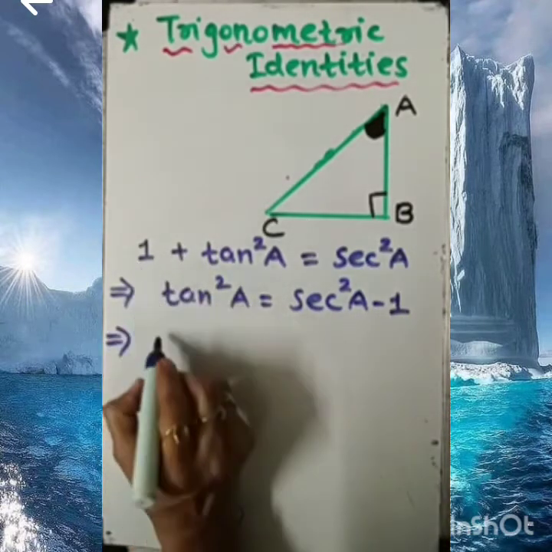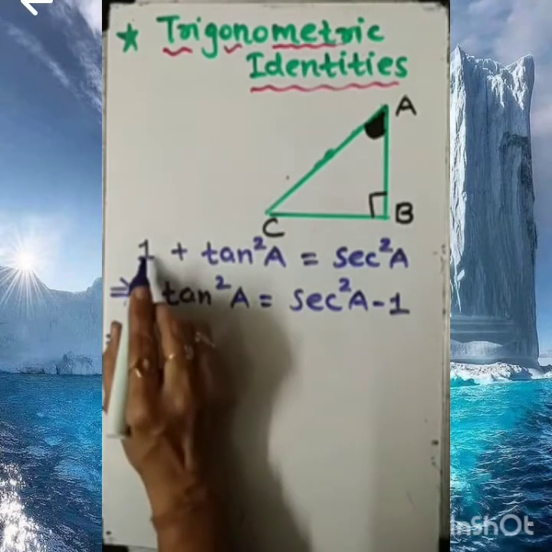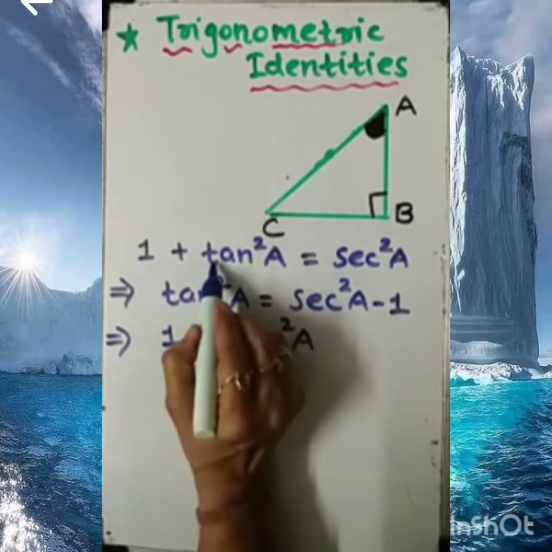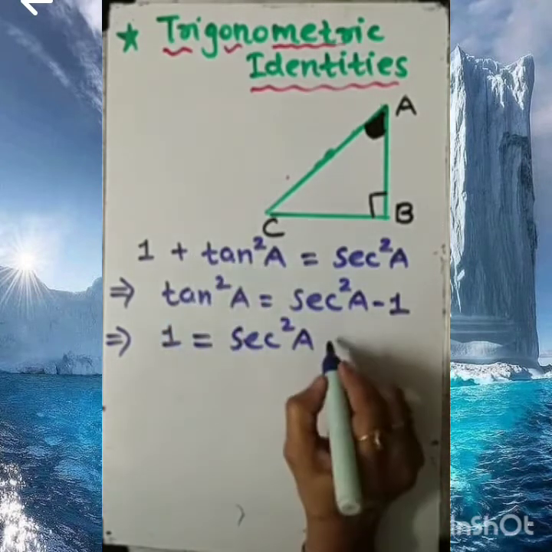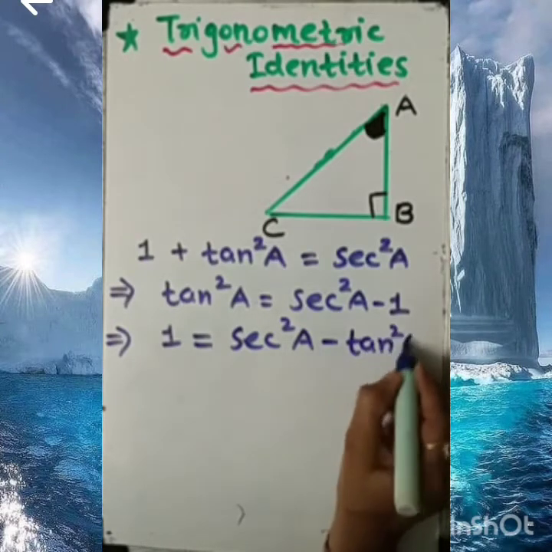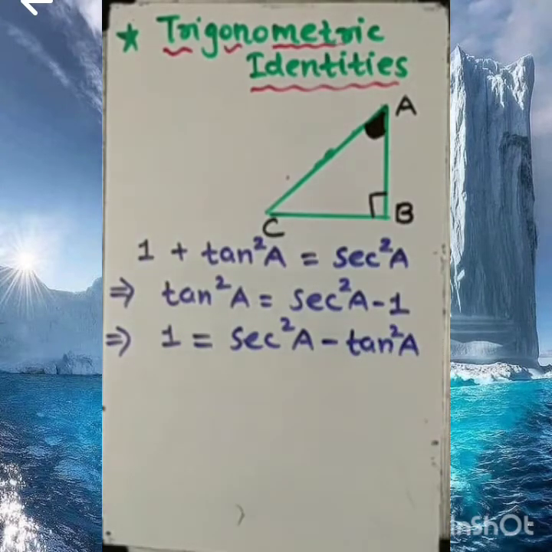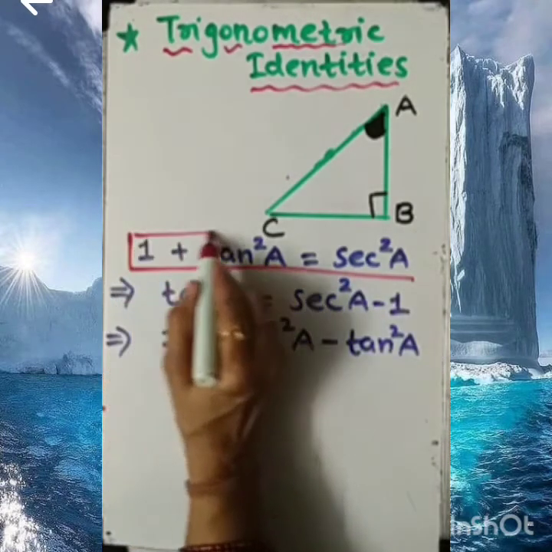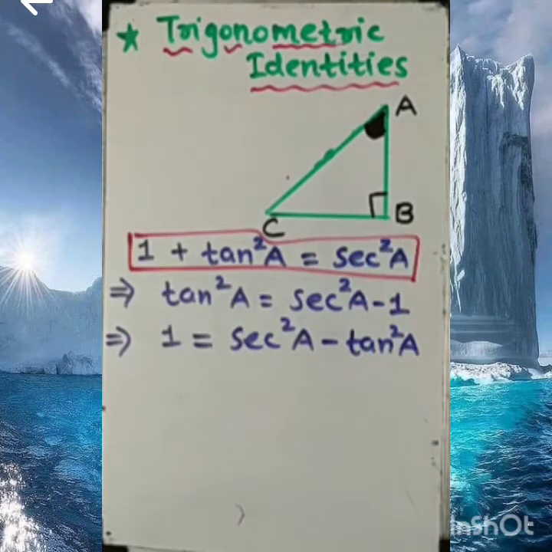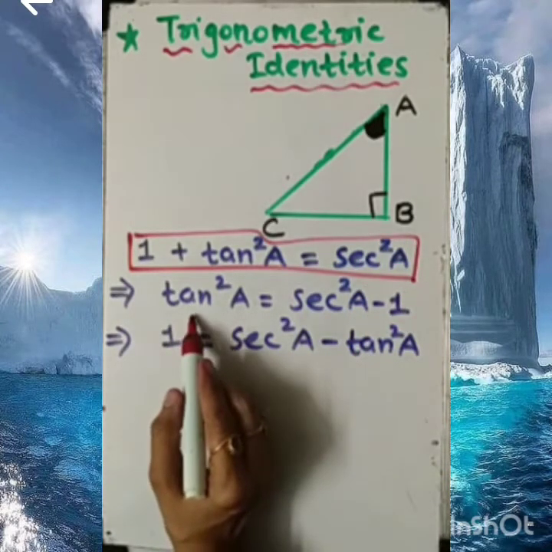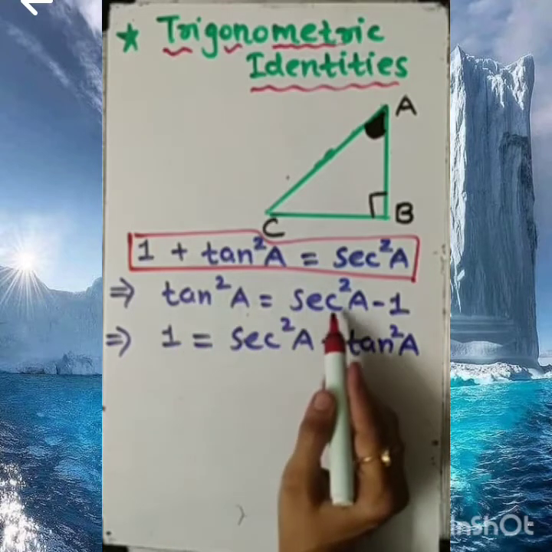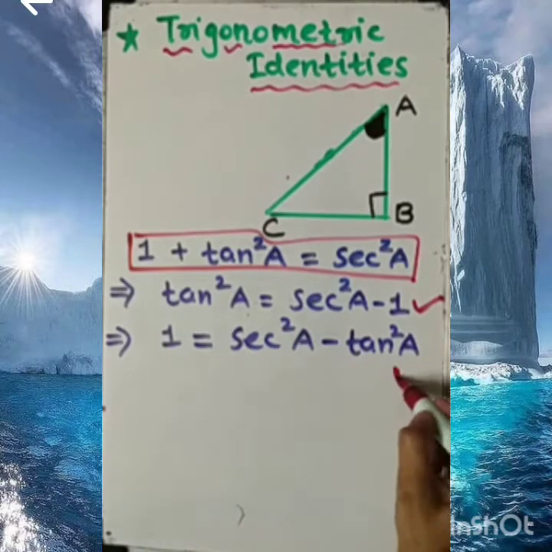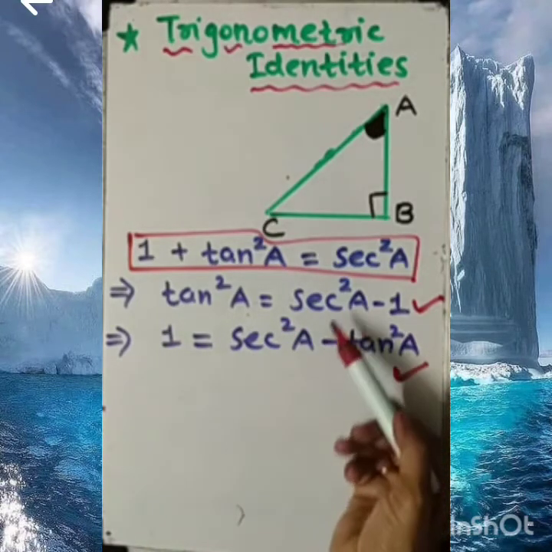And if I keep 1 on this side, with sec square A already there, I transpose tan square A to the right side, so it becomes minus tan square A. Clear? The two important results are tan square A equal to sec square A minus 1, or 1 equal to sec square A minus tan square A. This is the derivation of this result.